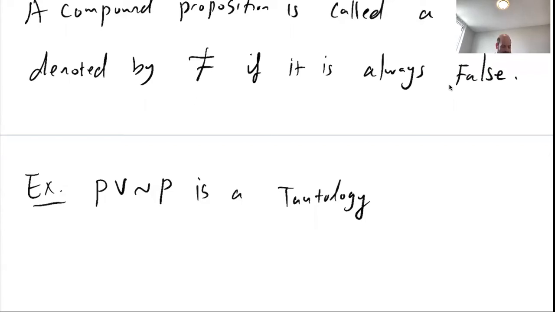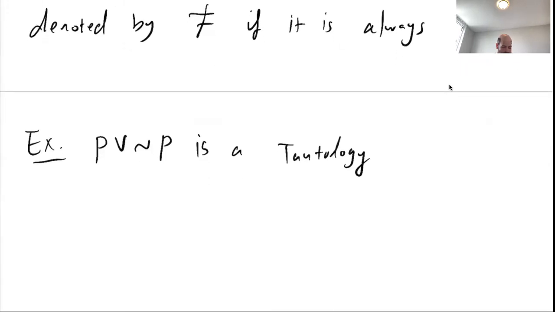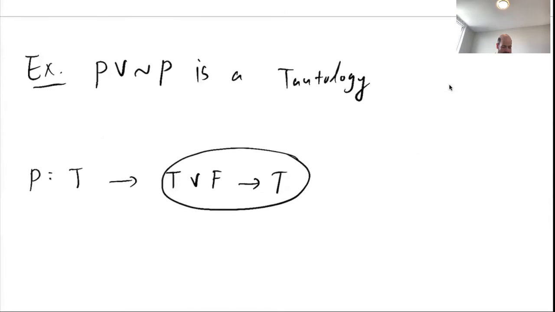So if P is true, then we have true disjunction false, which will be true. And if P is false, then you will have false disjunction true, which will be also true.